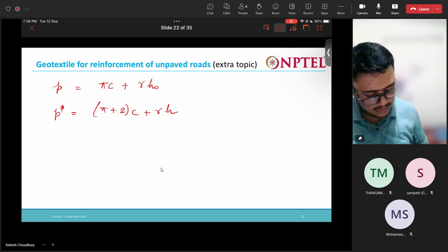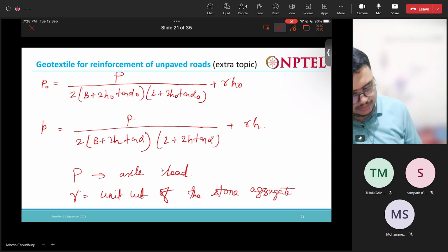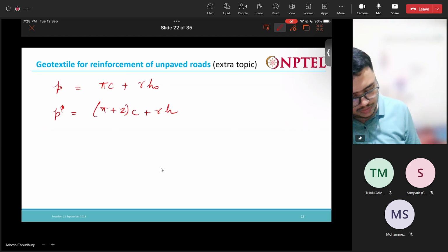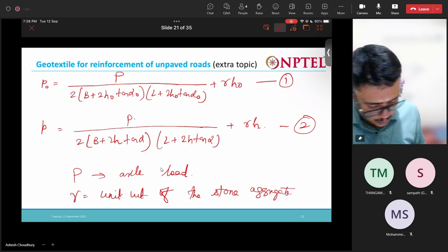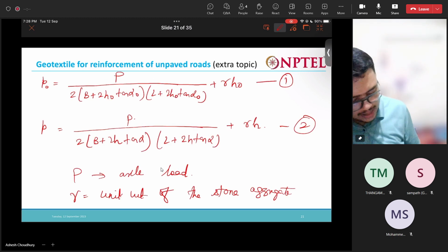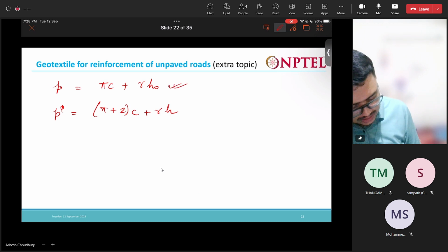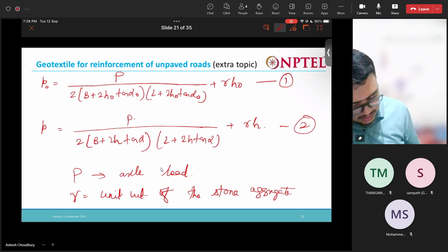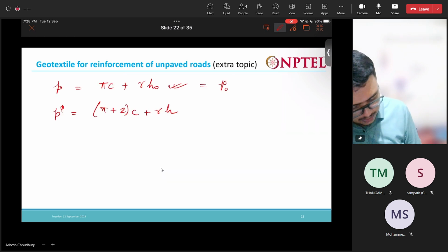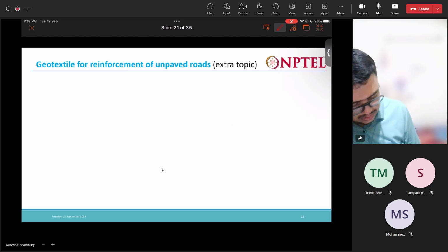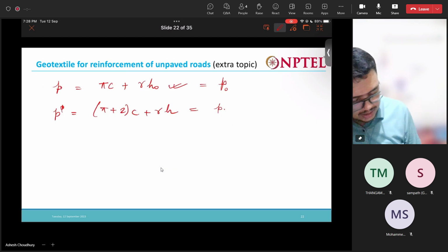All right, so let us mark this as equation 1, equation 2. Now we can equate equation 1 to P naught, and this we can equate to this P. Let us mark these 3 and 4.